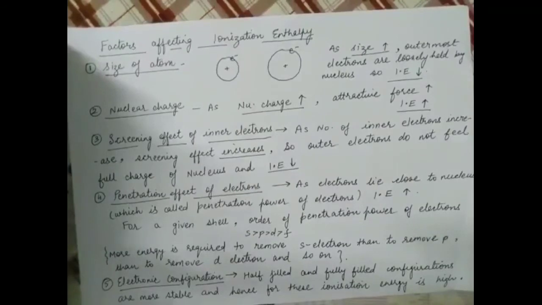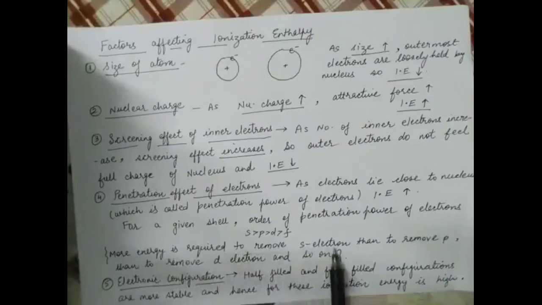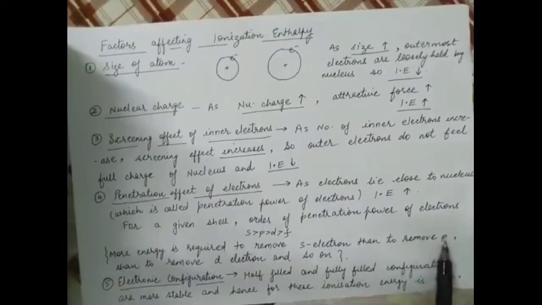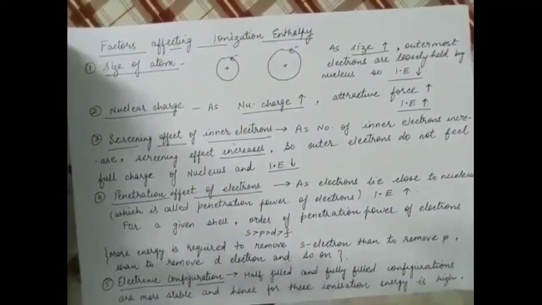Out of 3s, 3p and 3d, which is closer to the nucleus? 3s, then 3p, then 3d. So for a given shell, if the s electrons are closer to the nucleus, they will experience more nuclear attraction. So more energy is required to remove an s electron than to remove a p electron, then to remove a d electron, and so on. And this effect is known as penetration effect.